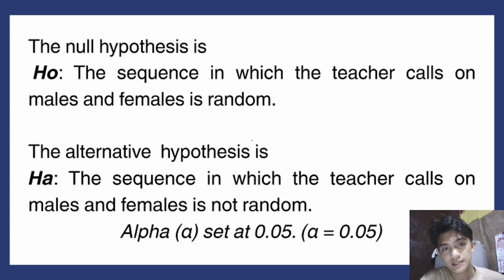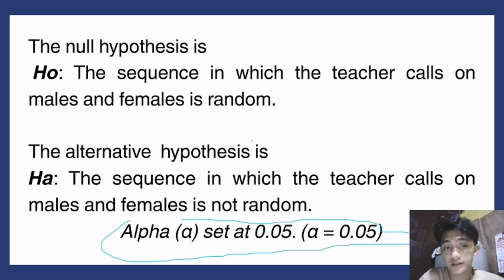Our null hypothesis is the sequence in which the teacher calls on males and females is random. And our alternative hypothesis is the sequence in which the teacher calls on males and females is not random. Now, take note that the alpha value that we're going to use is alpha equal to 0.05.